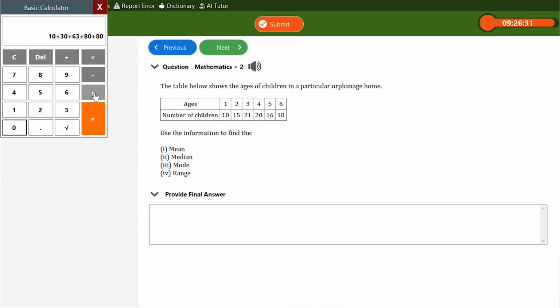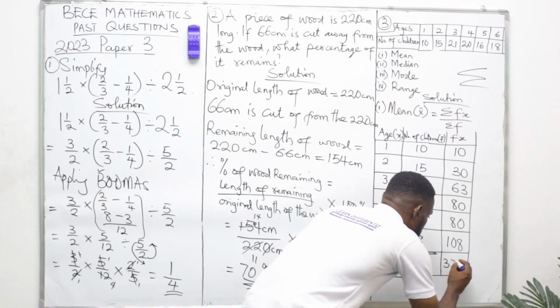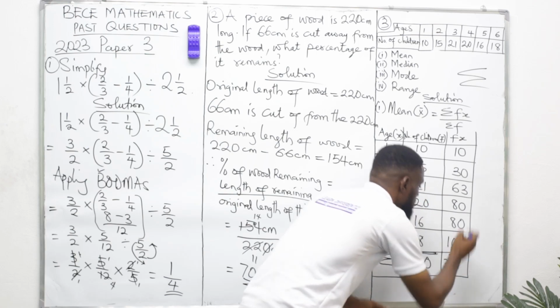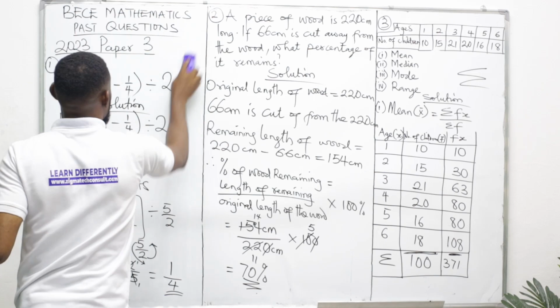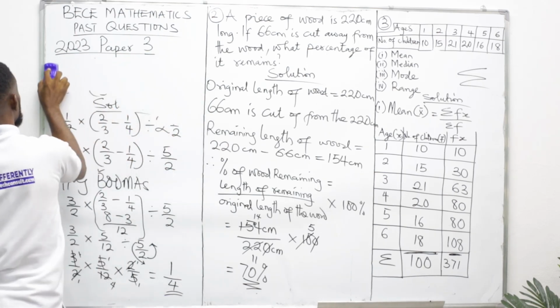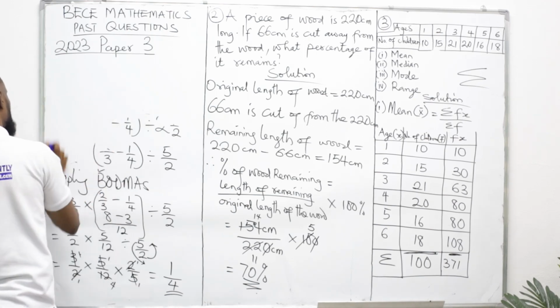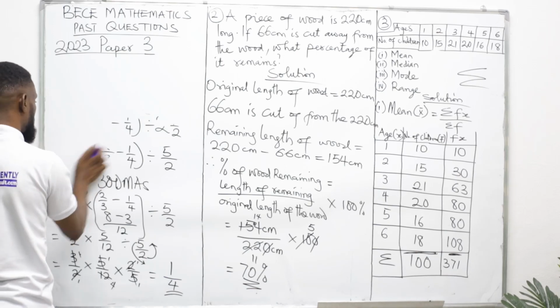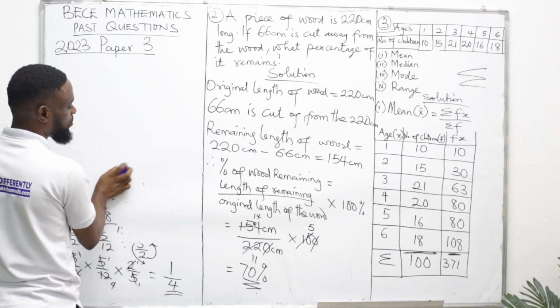Plus 108 plus 108. So that gives us 371. So this is 371 for this f of x, okay? So we can now conveniently find what our mean is from that table, we can find what our median is, we can get what our mode is from that table, all right?